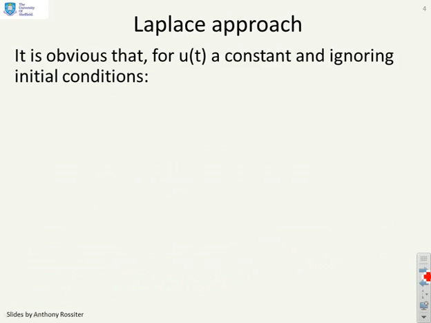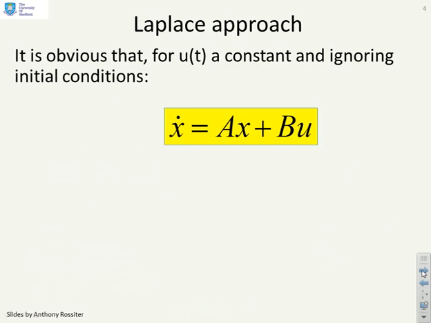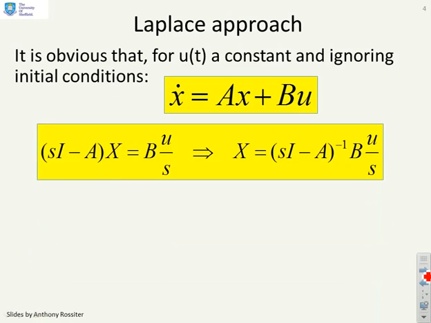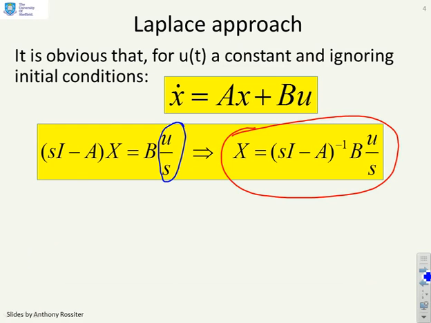Illustration here. It's obvious that if u of t is a constant and you ignore initial conditions, so there's our model, then you can solve for the Laplace transform of the state x by writing x of s equals (sI minus A) inverse times B times u over s. And the key point here is that u over s is the Laplace transform of the step input.